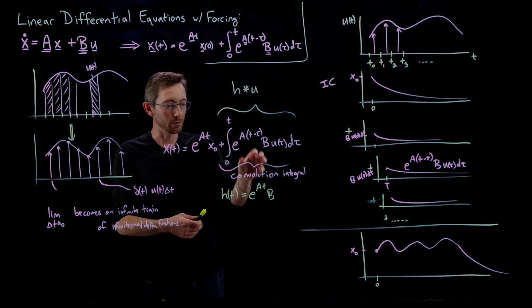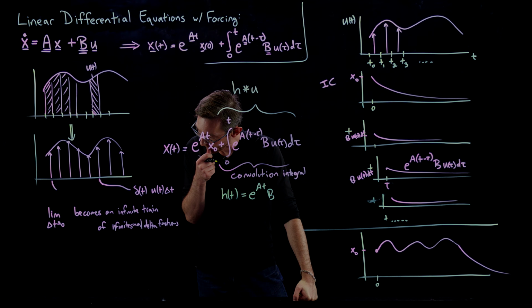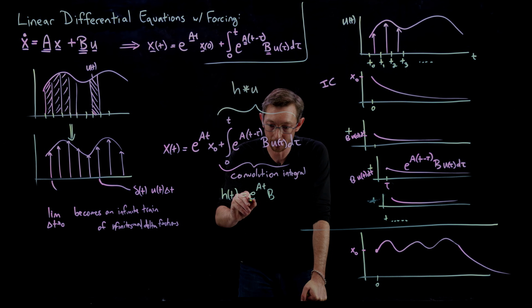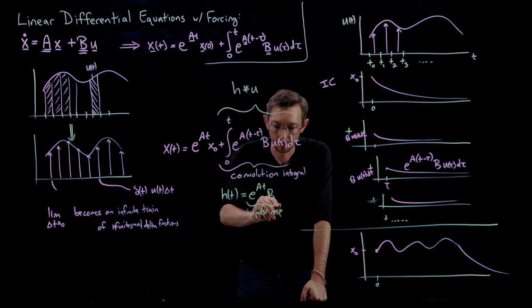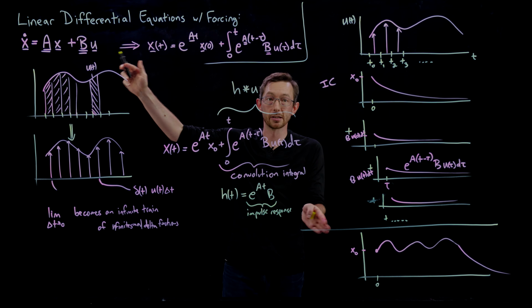Convolution of h with u, where h, I believe, is called the impulse response. Literally, if I put in a delta function to u, this would be the response.